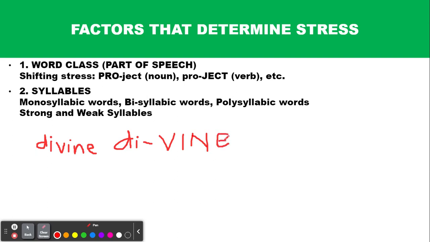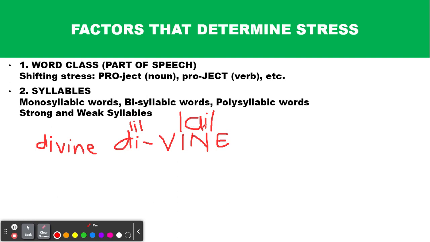Stress is on the second syllable because what you have here in this second syllable is a double sound, /aɪ/. This is called a diphthong sound. In the first syllable, di, you have a short sound, and so this is a weak syllable, and that is why it is not stressed.